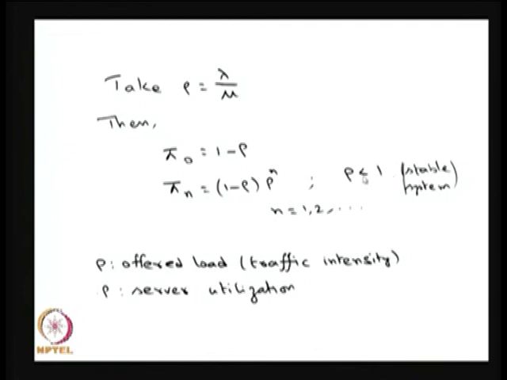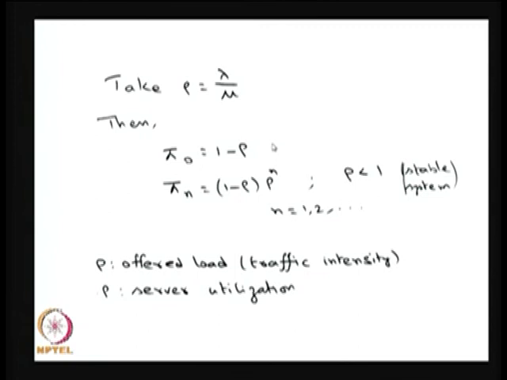If lambda by mu is greater than or equal to 1, then that denominator diverges. Accordingly, you will not get the stationary distribution. So, to have a stationary distribution, rho has to be less than 1. Intuitively, whenever the system is stable, corresponding to rho less than 1, you will have a stationary distribution.